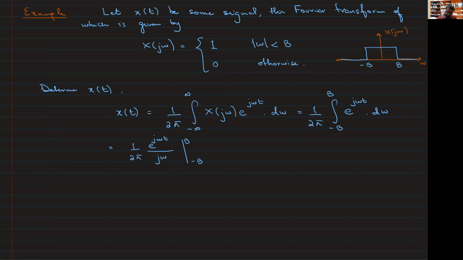So this is 1 upon 2 pi times e raised to power j b t minus e raised to power minus j b t, divided by j t. Sorry, j omega तो नहीं आना चाहिए. So this is j t, sorry, because you're integrating with respect to omega. Okay. Yeah, what is this equal to?